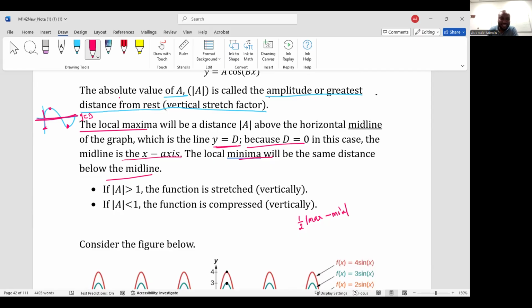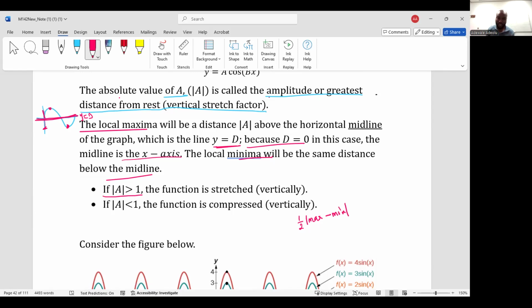Now, again, when A is greater than 1, the function is stretched vertically. Just like I showed you with x squared, when you are multiplying it by 2, by 3, you see the y value is becoming bigger, right? So when the absolute value of A is greater than 1, the function is stretched vertically.